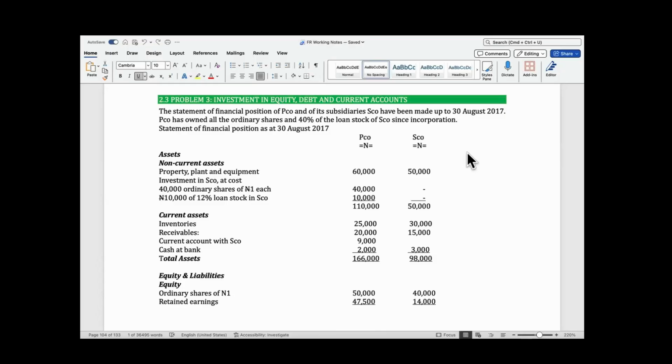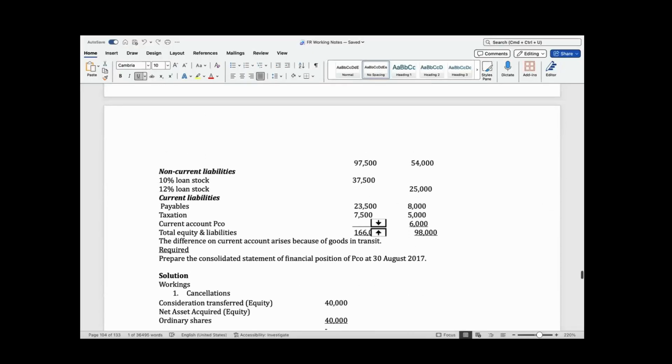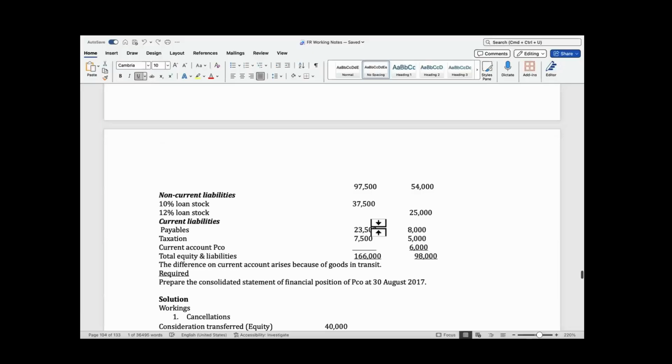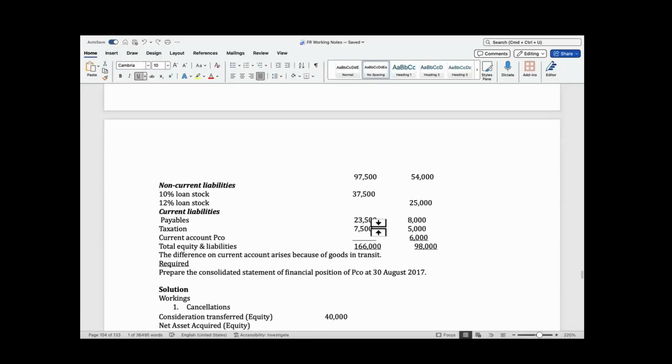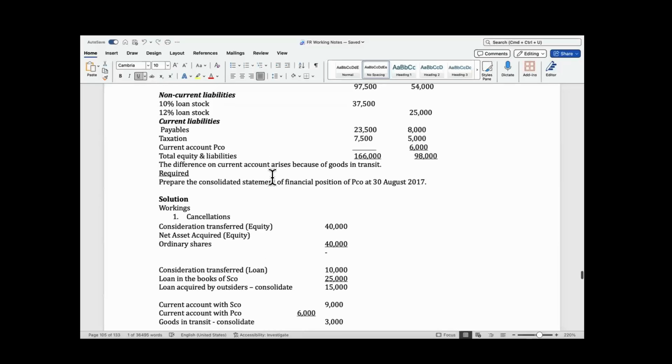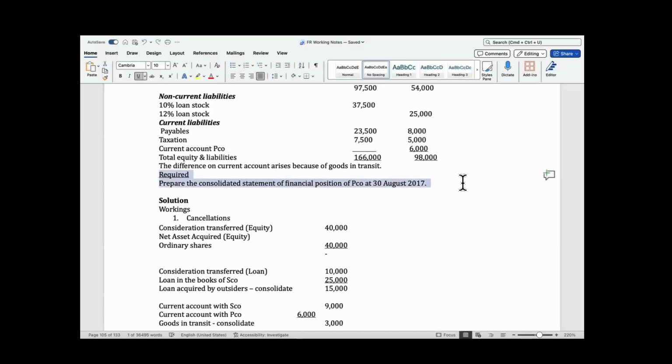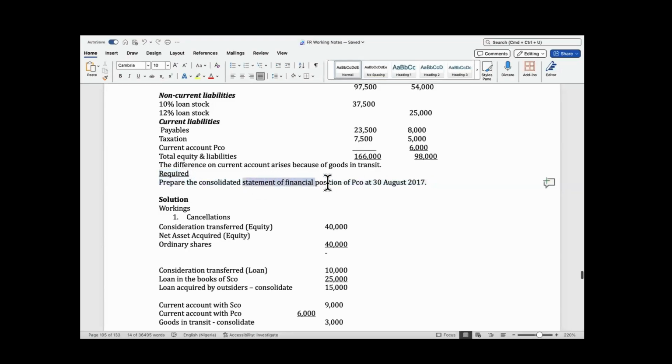Statements of financial position as at 30th August 2017 of PICO and SICO are as follows. All figures are assumed to be correct. Required: prepare the consolidated statement of financial position of PICO as at 30th August 2017.